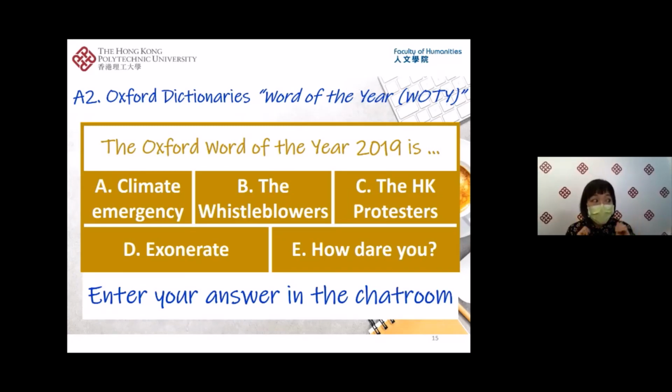Now, which one of these five options was chosen by the Oxford Dictionary as the word of the year? All right, now, A, climate emergency. B, the whistleblowers. C, the Hong Kong protesters. D, exonerate. And E, how dare you?